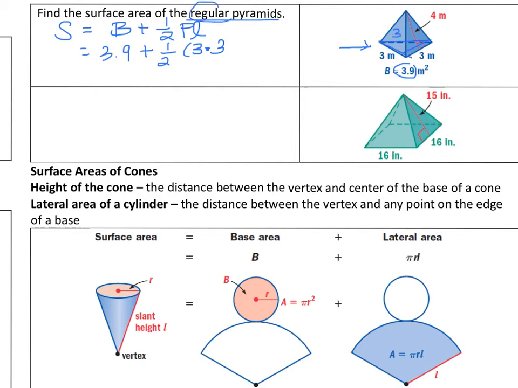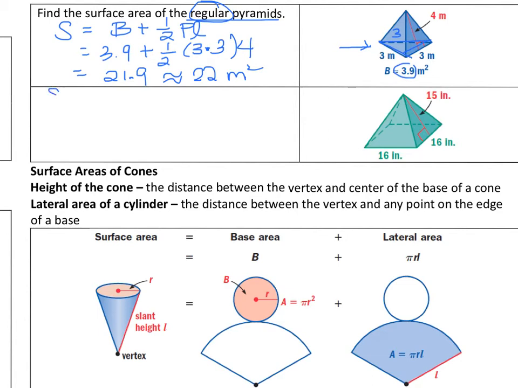Remember, this is regular, so all of these sides have to be congruent. Okay, so it's either you do 3 plus 3 plus 3 or 3 times 3, and times the slant height, and you should get about 21.9, and if you were to round this, 22 meters squared.